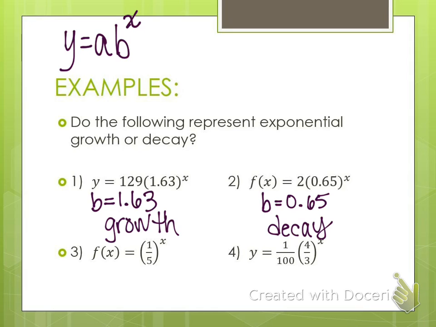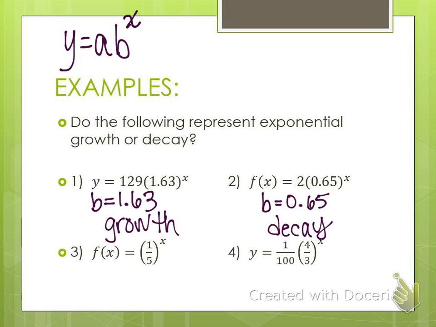So every number under 1 would be decay. Yes, 1 is the threshold. If b equals 1, then it's not changing. If b were to equal 1, this would just be a flat line, no change. It would always stay the same. It would not get bigger or smaller. So I don't think we'll see that happen.